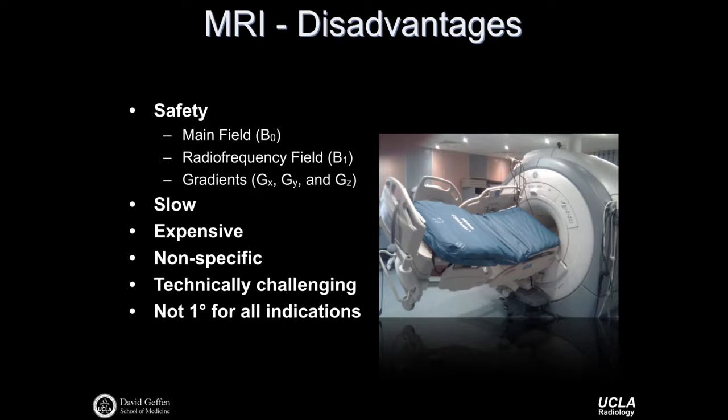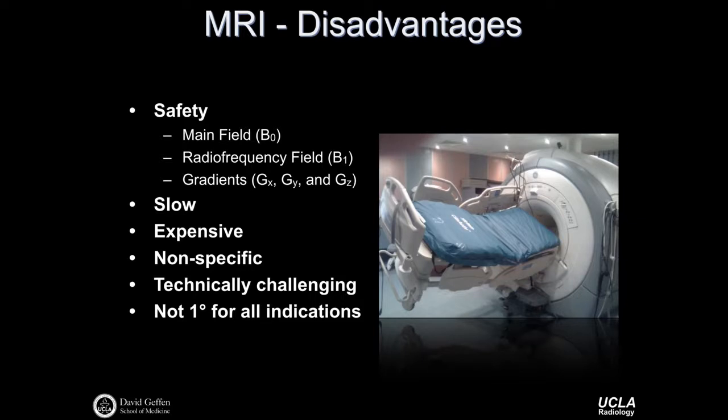The radio frequency field, which again is used as the exciter, we'll learn later can lead to patient heating, and this is carefully regulated by the FDA so that we don't heat patients more than a minimum amount. And lastly, the gradients can lead to what's called peripheral nerve stimulation, a buzzing or tingling sensation, similar to when your hand or foot falls asleep, which can be felt transiently during an MRI exam.